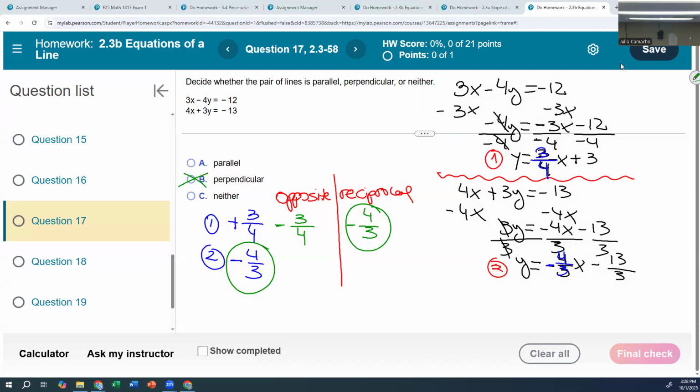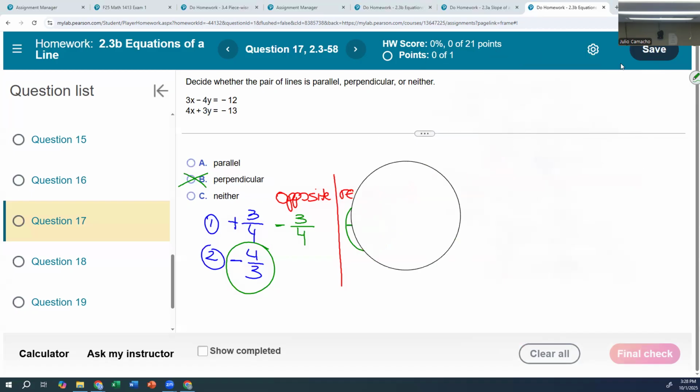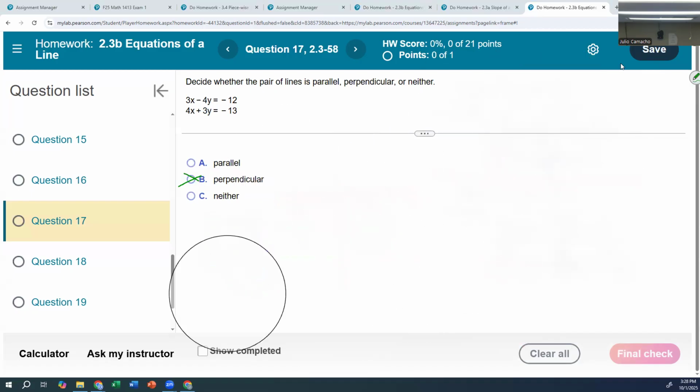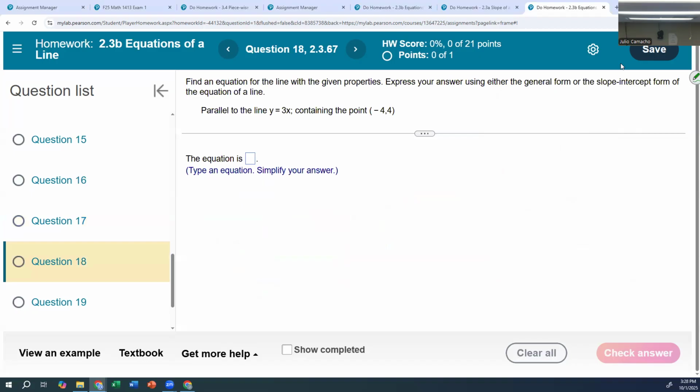But let's go to question 18. Again, I try to be as graphic as possible, explaining every answer, but if you still need help, shoot me an email. Question 18. Find the equation of the line with the given property.